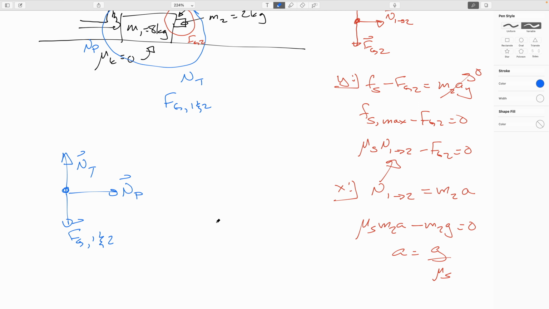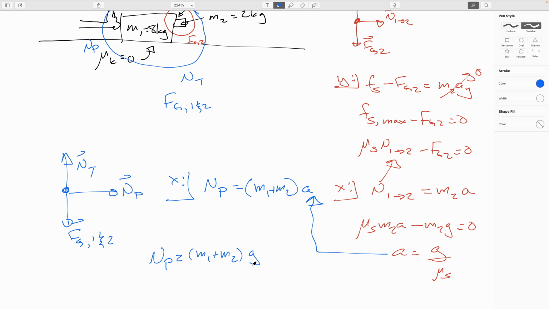Now here, the only thing we really need to pay attention to is what's happening in the land of X. The normal force of my push is the only force happening in X. The mass of my system is M1 plus M2 combined times A. So I can take the acceleration I found looking at the red system and put that in. So I get that the normal force of my push is equal to M1 plus M2 times G over mu static.